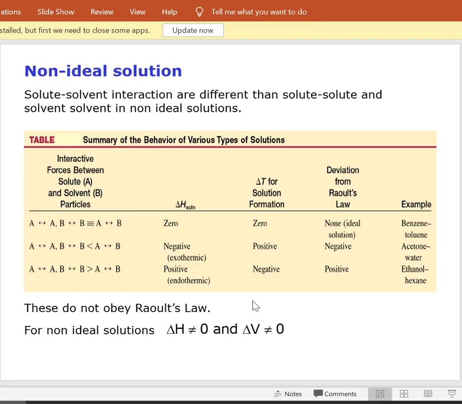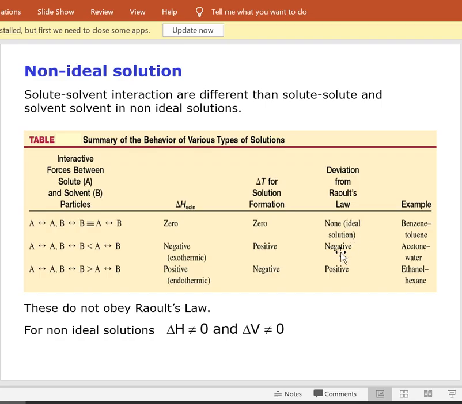And in the non-ideal solution, they can show two types of deviations. Number one is the positive deviation and number two is the negative deviation. Here is the summary which is showing the positive and negative deviation.